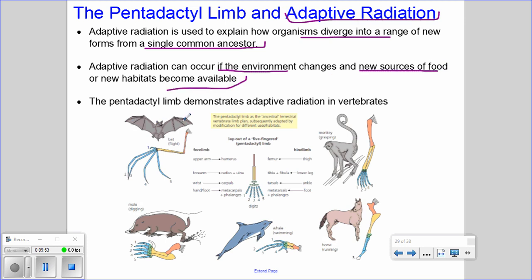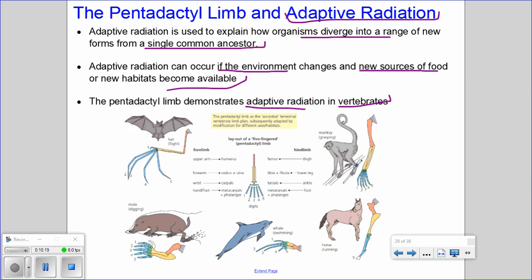So the pentadactyl limb demonstrates this adaptive radiation in vertebrates. As new food sources or new habitats became available, a species with a common ancestor would have adapted, and that pentadactyl limb would have changed or adapted to that new environment.